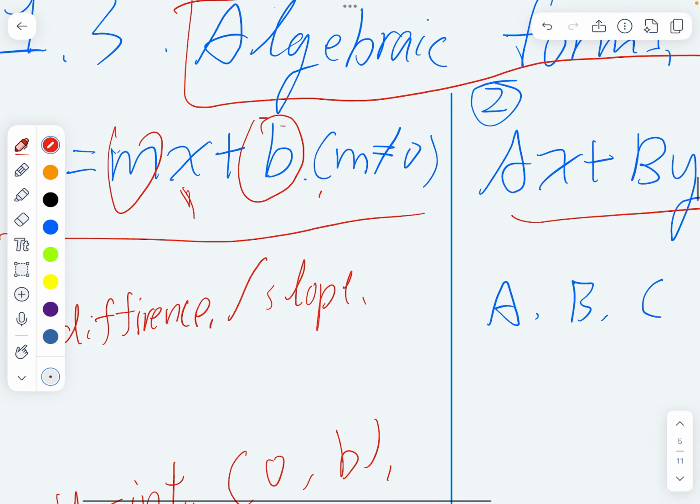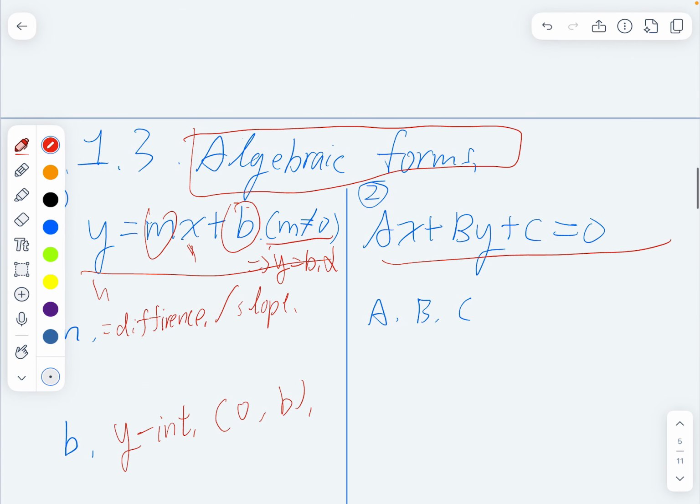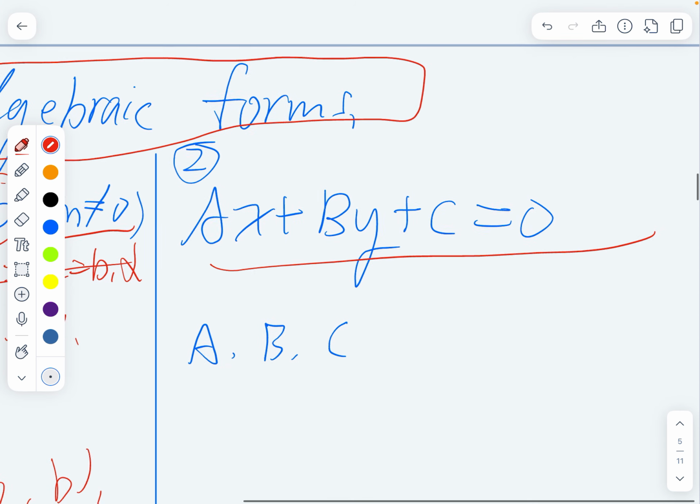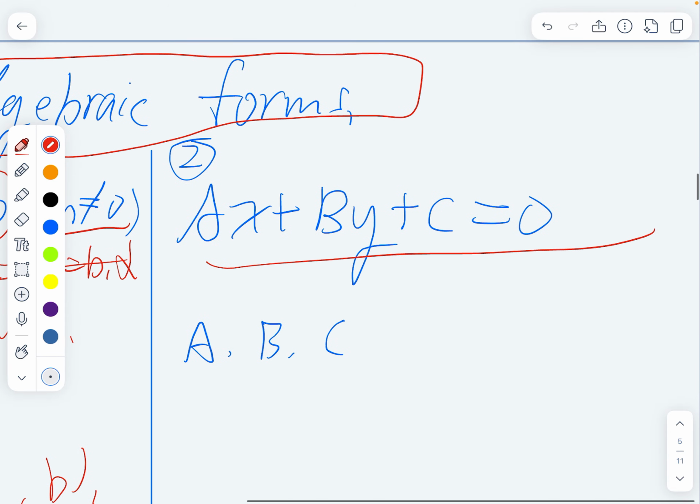Also, we need to be careful that m cannot be 0. If m is 0, then y can only be a non-linear relation. We can call that the constant relation.